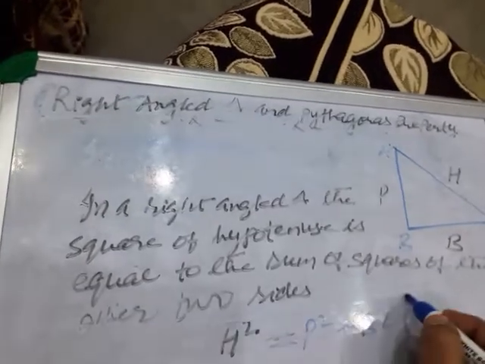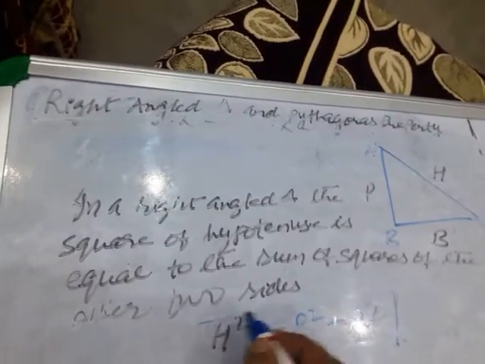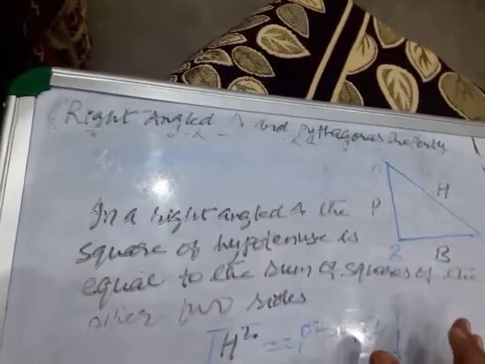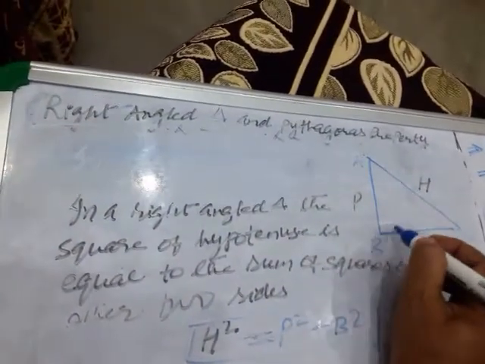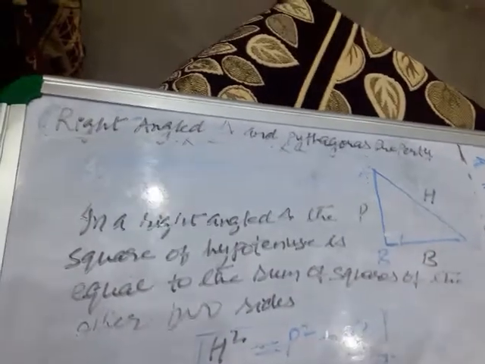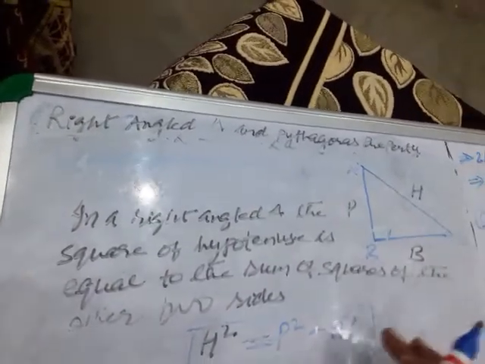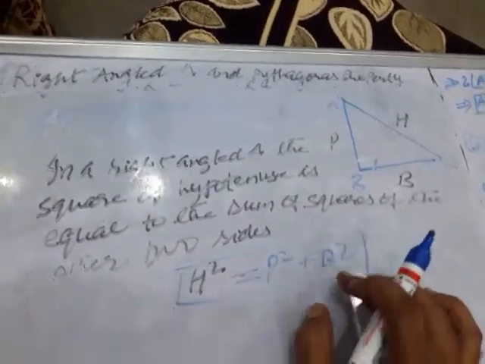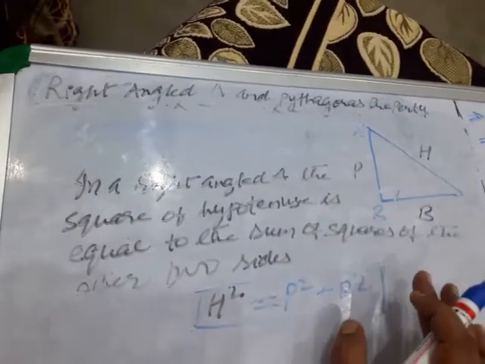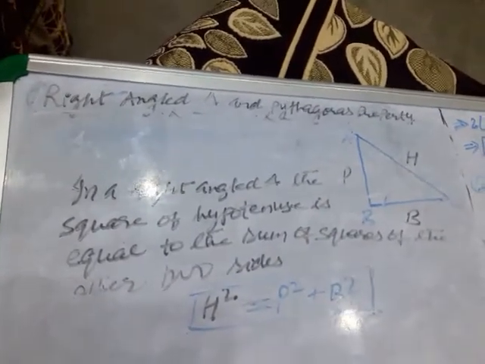Okay children, so let us conclude the lesson today. What is the lesson? In a right angled triangle, here this angle B is right angle. In a right angled triangle, square of hypotenuse is equal to the sum of squares of other two sides, that is H square equals P square plus B square. Clear?